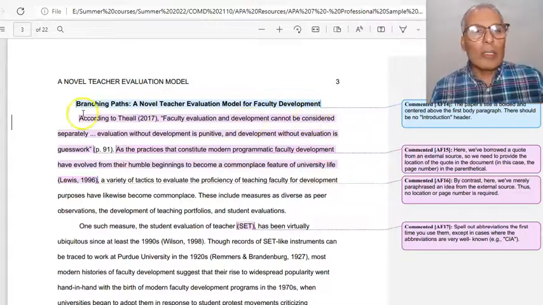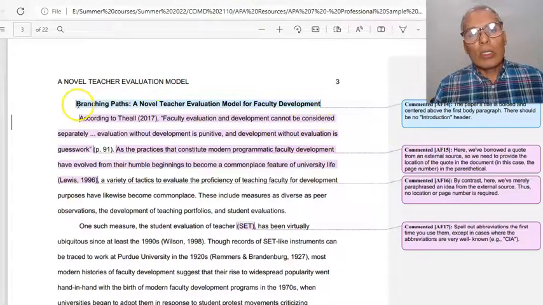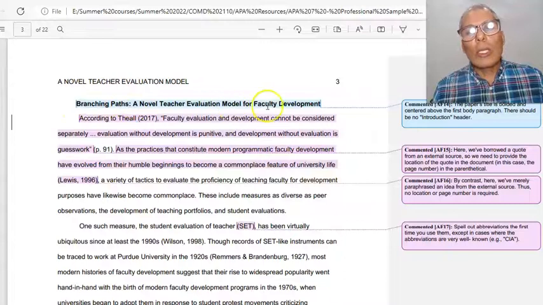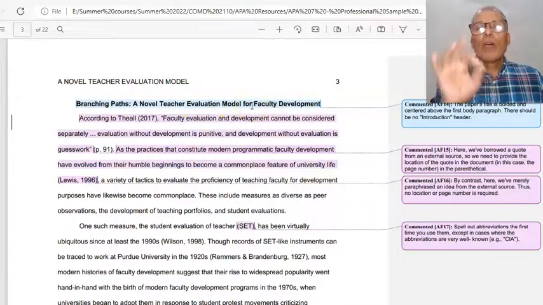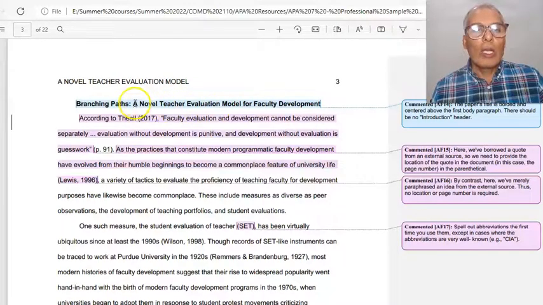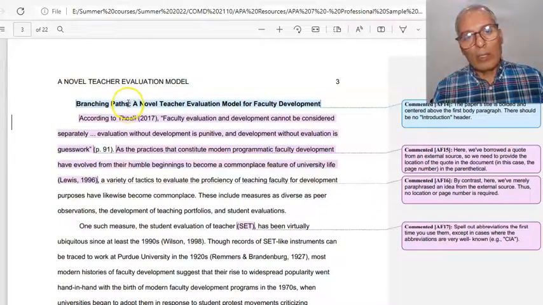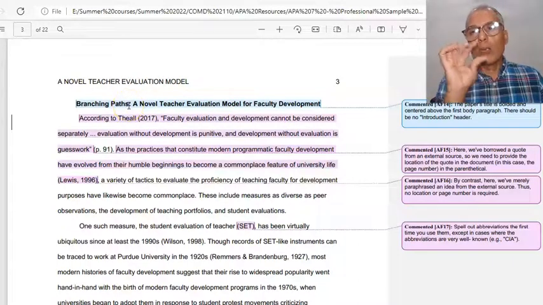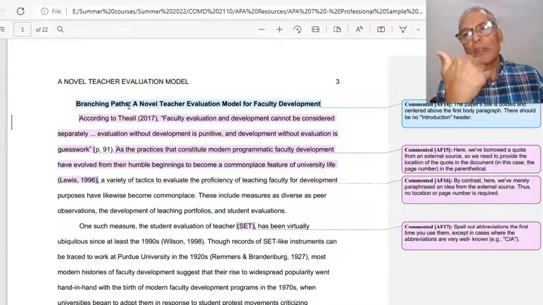You notice the title, only the initials of the words are capitalized, and the small words are not capitalized, except if you have a subtitle here, like a novel teacher. And that subtitle, you can see that the colon means what comes after it is a subtitle.